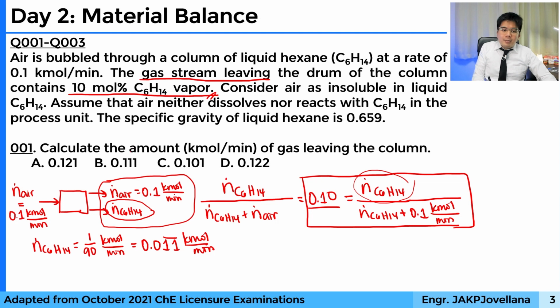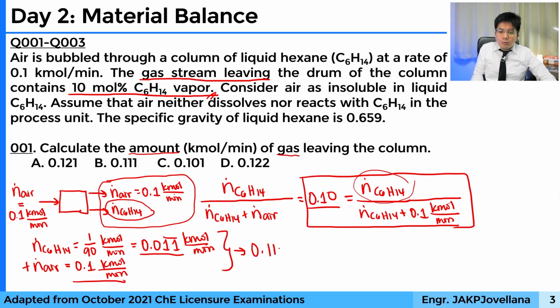The question is the amount of gas leaving the column. So we need to still add the molar flow rate of air, which is 0.1 kilomoles per minute. So adding the two values, 0.011 plus 0.1, the total flow rate is around 0.111 kilomoles per minute. From the choices, this is letter B.